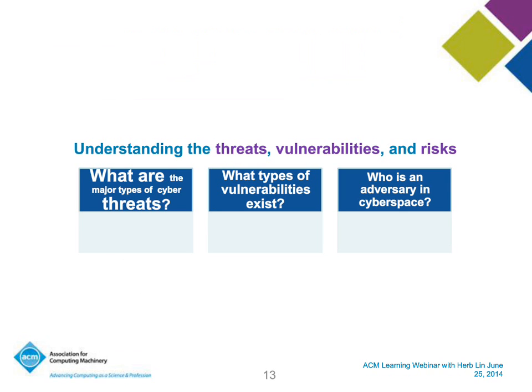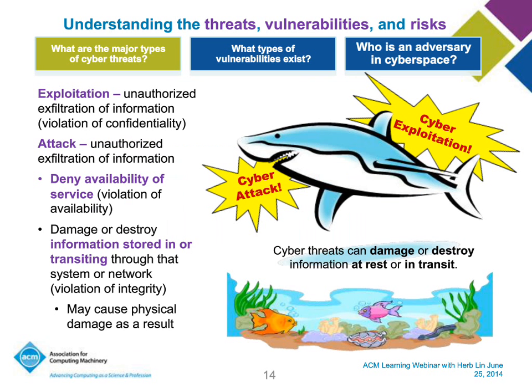Understanding the threats, vulnerabilities, and risks here. What are the major types of threats? There are fundamentally two types of threats: exploitation and attack. Exploitation is the exfiltration of information, which violates confidentiality. That is, you want information to stay confidential, and it isn't.